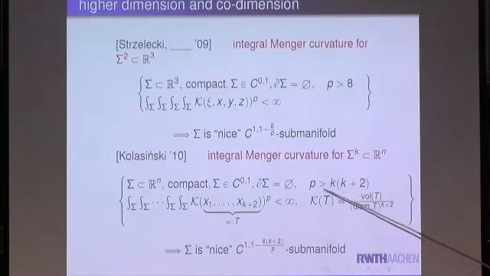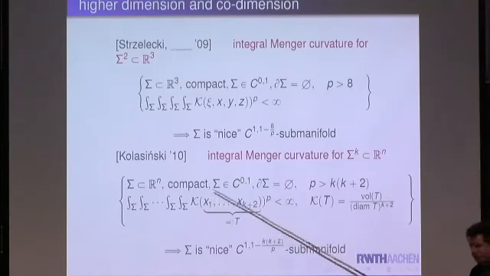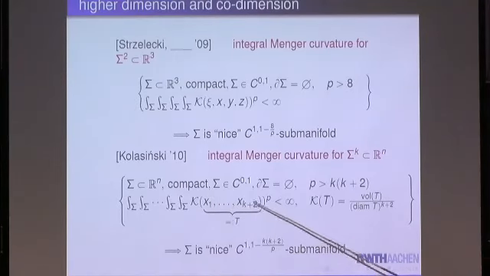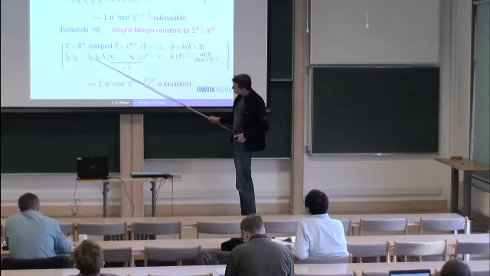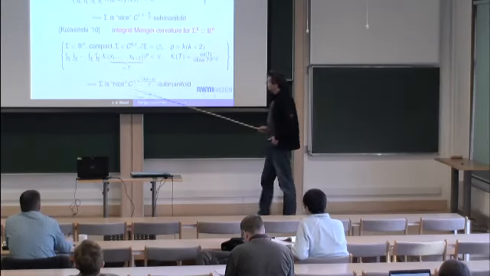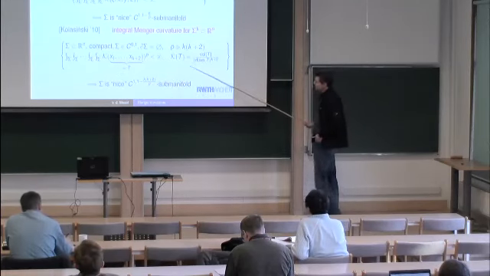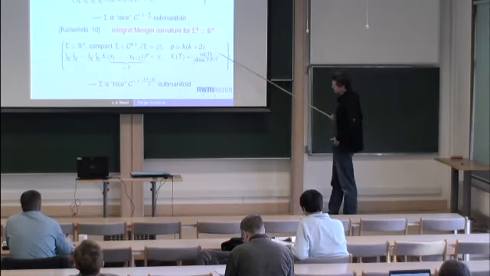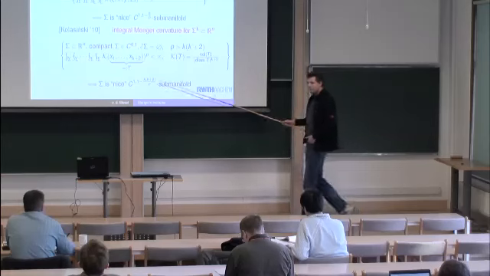You take p above the scale invariant case. You take a simplex, a k-plus-1-dimensional simplex spanned by k plus 2 points. So that means you need k plus 2 integrations here. You take the same kind of discrete curvature, the volume of the simplex divided by the diameter to the power of dimension plus 2, and then you get again the same statement.